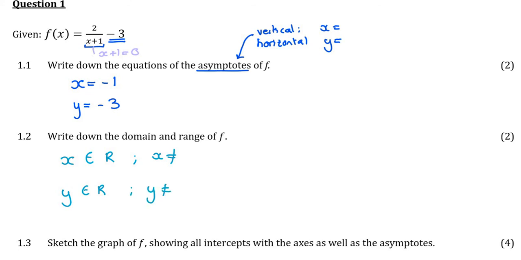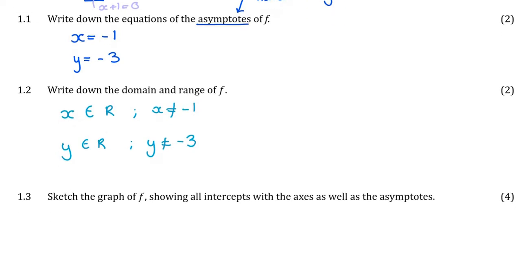And basically, those are the asymptotes. X can't be equal to -1 because that's the asymptote, and y can't be equal to -3 because that's the asymptote. So when you've practiced enough of these questions, you get quite good at remembering that it's anything except the asymptotes in a hyperbola.